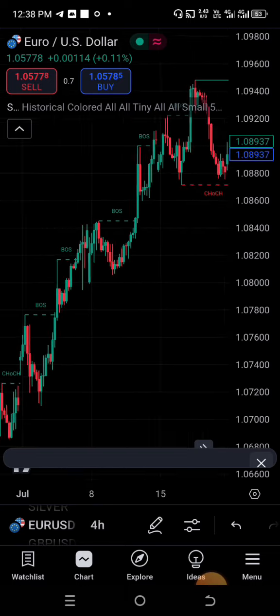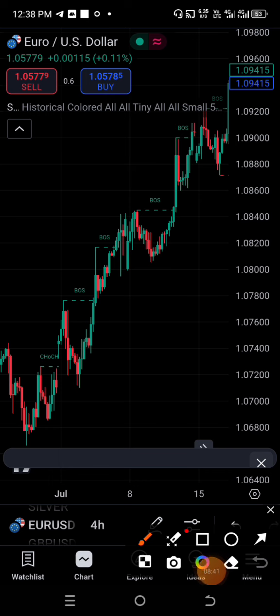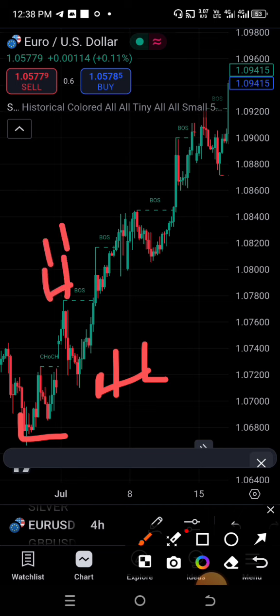You can see here that the market keeps producing a series of lows, L. You have a higher low, higher high, HH. You have a higher low, another higher low here. You have a higher high here.